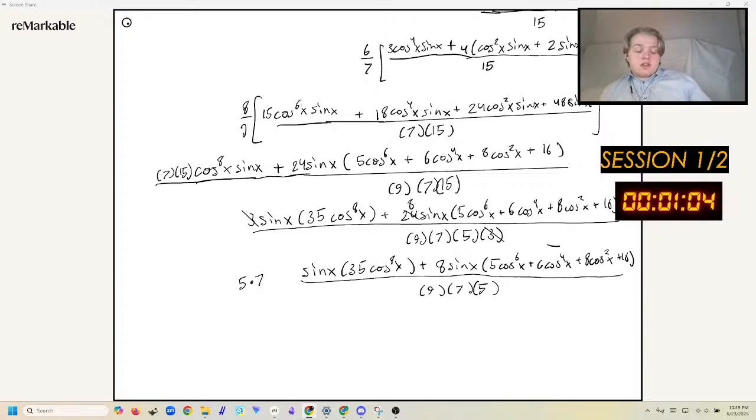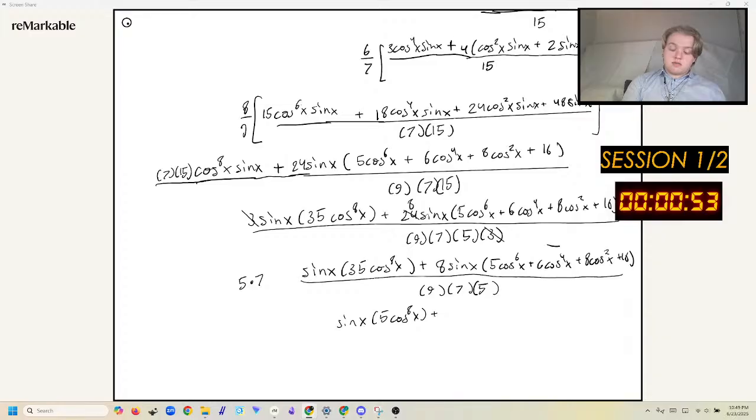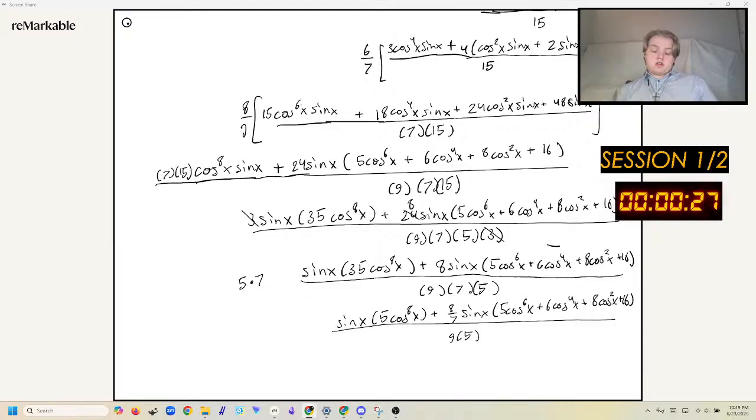However, I think I am going to go ahead and rewrite as sine x times 5 cosine 8x plus 8 over 7 sine x times 5 cosine 6x plus 6 cosine 4th x plus 8 cosine squared x plus 16, all over 9 times 5, which is 45.